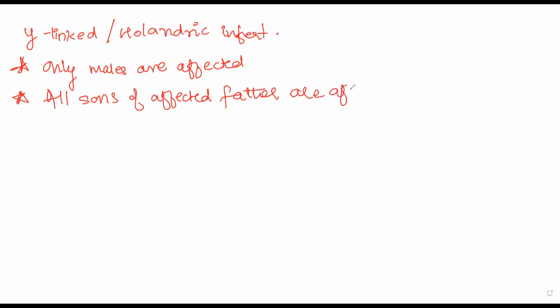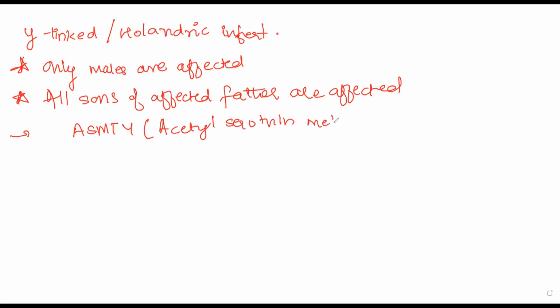Okay. Important diseases that show this type of inheritance. So first is the ASMTY. What is the full form? Acetyl serotonin methyl transferase enzyme deficiency. This is an important factor for sex determination. Other one is the SRY gene, again very very important. TDF, testis determining factor.